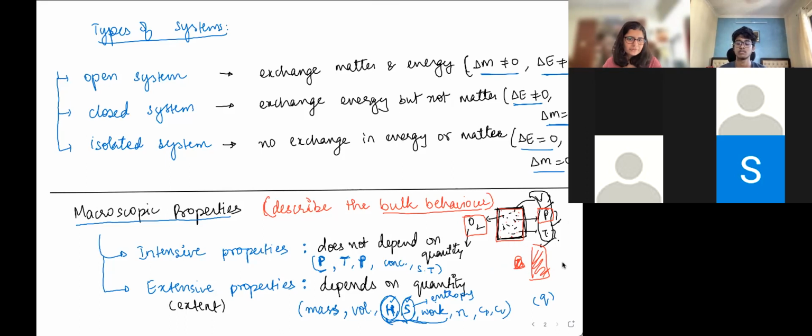Another fun fact about intensive and extensive properties is that the ratio of two extensive properties ends up being an intensive property.